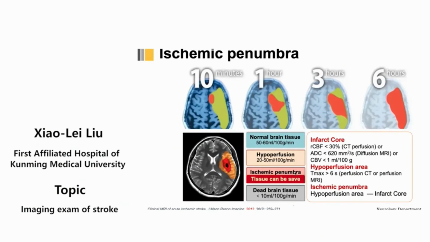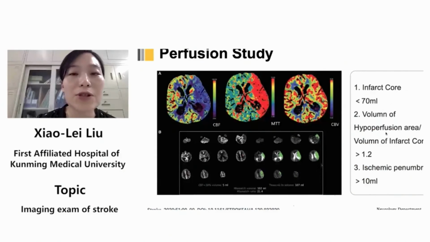The infarct core is irreversible. The penumbra brain tissue can be saved if there is blood flow. So it's very important for us to determine the therapy. So here is a perfusion study.